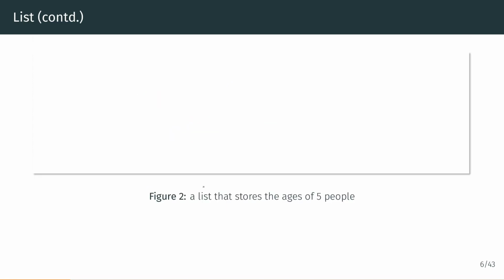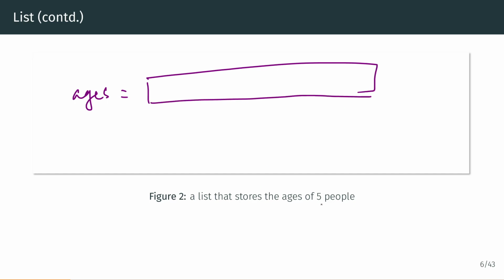So here's another list that stores the ages of five people. We can name the list something like ages. Remember, the list will have a name, and the list will have a size as well. In this case, it will store 5 elements, so I will create a list of size 5.